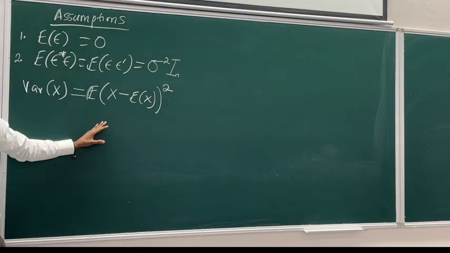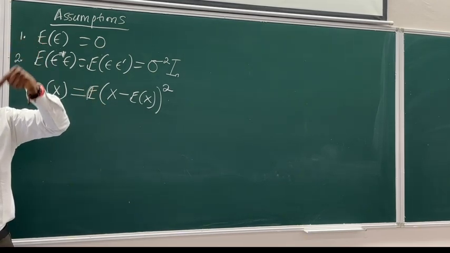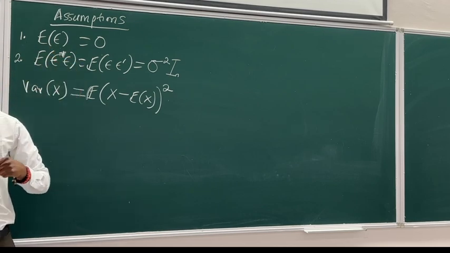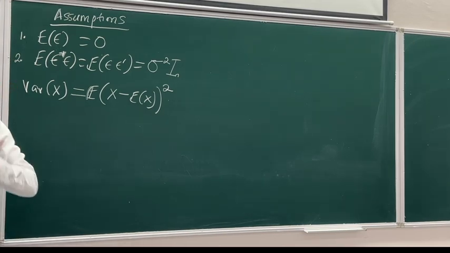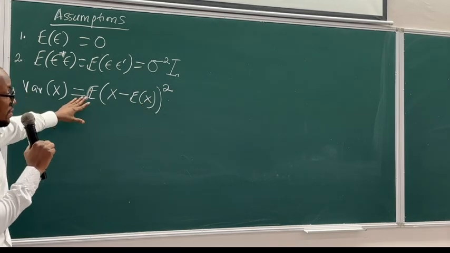This is how you define variance. Variance is the second moment of a random variable about the mean. So this is the definition.